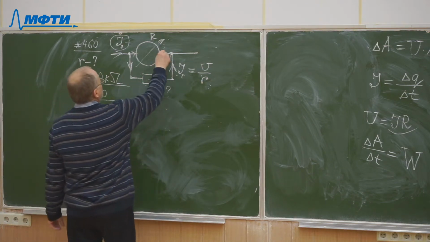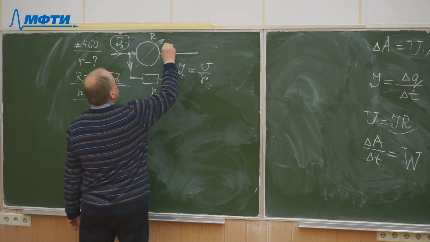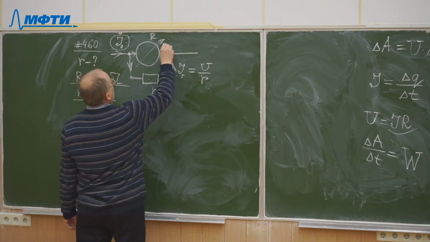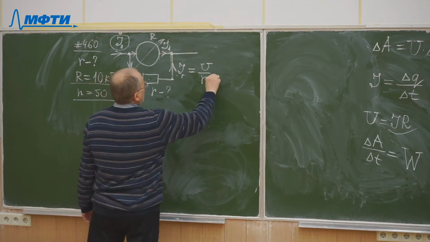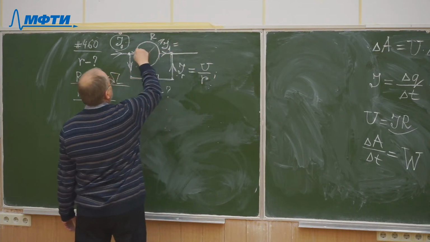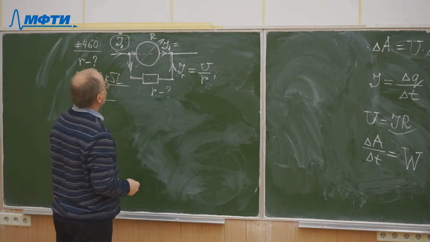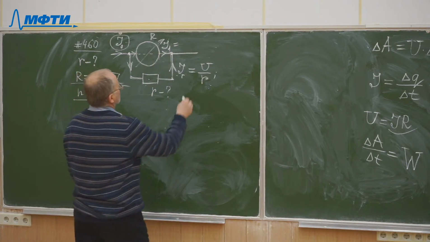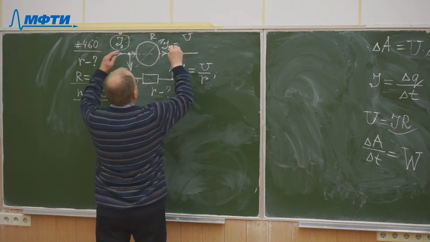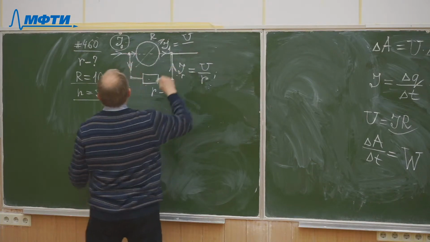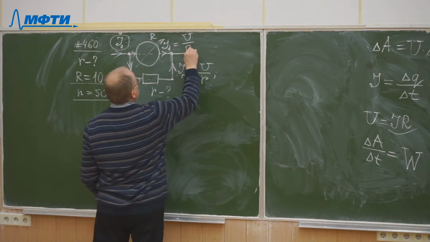And the current which will go through the galvanometer, let's designate it as I sub 1, will be equal to the same external voltage divided by the resistance of the galvanometer.